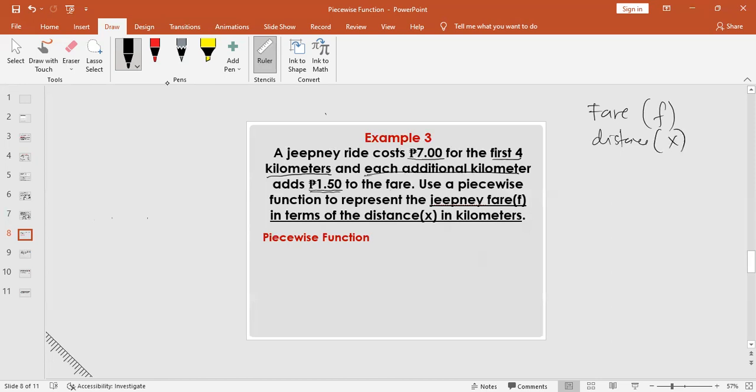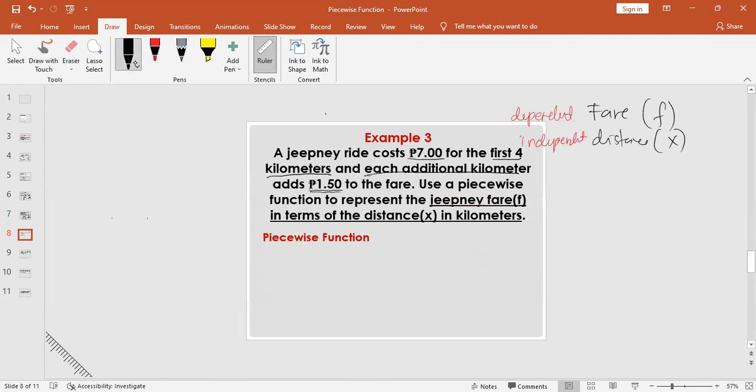So pinag-uusapan natin yung distansya and yung babayaran nyo. Okay. Which one is the dependent variable? Yung distansya ba magdedepende sa pamasahe? O yung pamasahe magdedepende sa distansya? Dependent variable is the fare. Ito yung dependent. While this one is the independent.